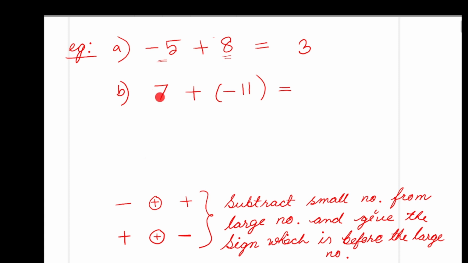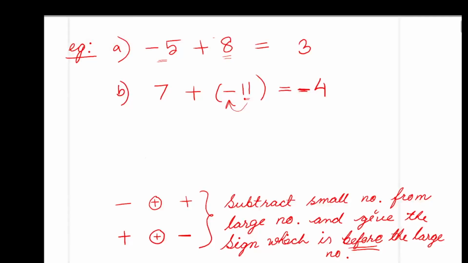So we have to subtract 7 from 11. What answer will we get? 4. Now check, before the large number, what will be the symbol? Which one is the large number? 11. Before 11, what is the symbol? Negative. So our answer will come in negative. We have to check whichever symbol is given before the large number. So before the answer, you have to give that symbol.